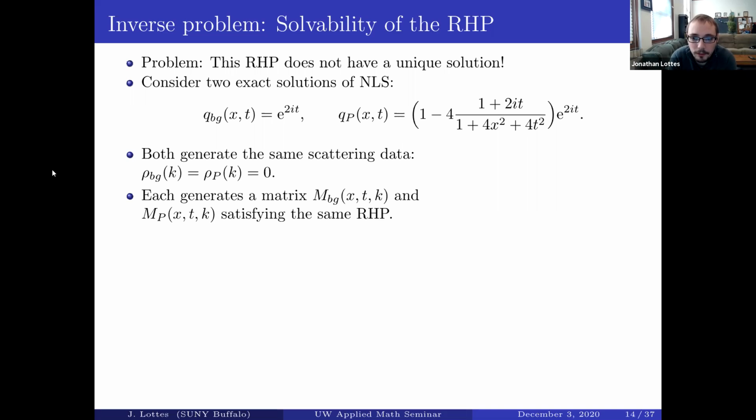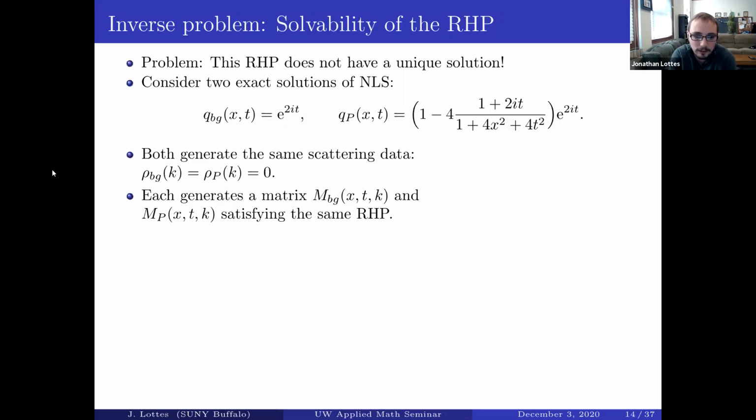And then we also have the Peregrine solution, which has the same constant background, but now it has a localized in space and time peak. Both of these solutions generate the same scattering data. They're both reflectionless. There are no discrete eigenvalues. In this case, the function r doesn't show up because we're taking 0 velocity at equal amplitudes. But that's not so important.